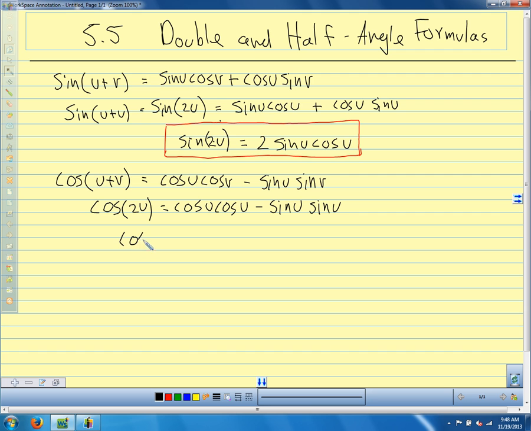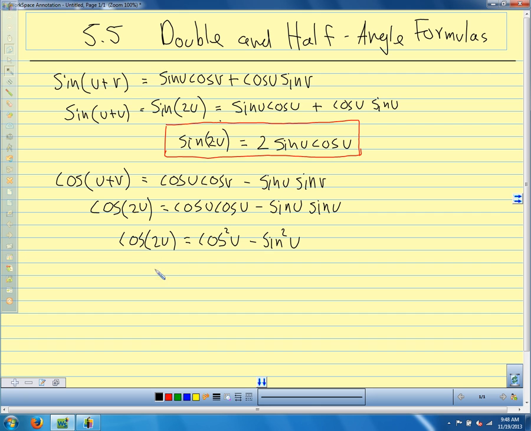And so I can write that the cosine of 2 times an angle equals cosine squared u minus sine squared u. So that's one of our formulas for the cosine of 2 times an angle. If I know the cosine and the sine of the angle, I can find the cosine of twice the angle.